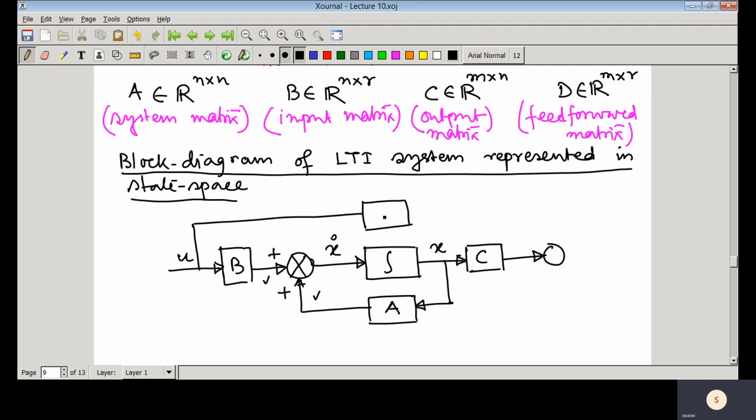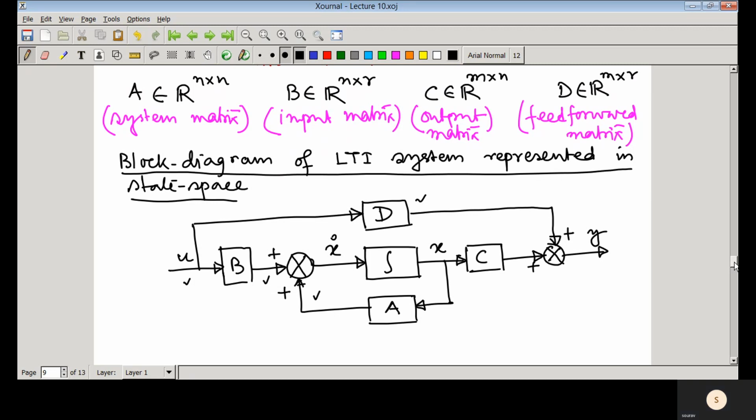So now I hope you understand why the name of that D matrix is feed forward matrix, because from this block diagram you can see that this D matrix is associated with that feed forward path, which is directly connected from input to output. So that's why its name is feed forward matrix. And here this is that block diagram representation of an LTI system when it is described in state space form. So this is very important.